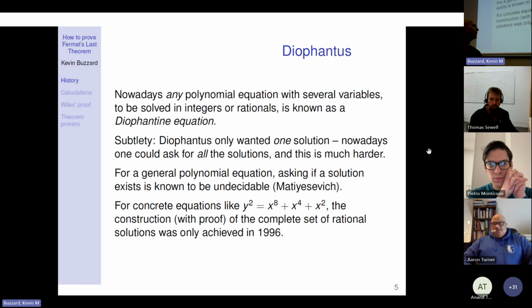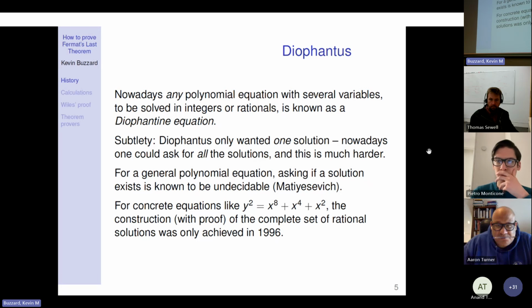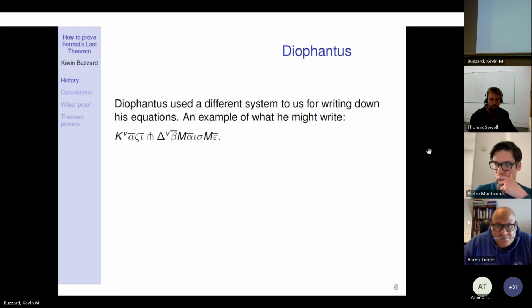That's really hard, because it's a high degree equation. We're going to be talking a bit about low degree equations later, and you can do those with more basic techniques. In 1996, when I was at Berkeley as a postdoc, a PhD student called Joe Wetherall managed to solve that equation. So this is kind of difficult stuff.